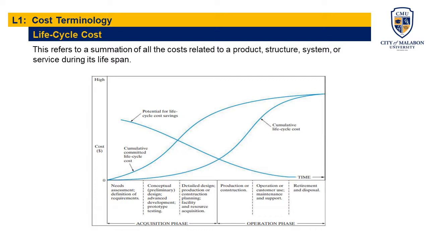Each of these phases is further subdivided into interrelated but different activity periods. The acquisition phase begins with the analysis of the economic need or want, the analysis necessary to make explicit the requirement for a product, structure, system, or service. Then, with this requirement explicitly defined, the other activities in the acquisition phase can proceed in a logical sequence.